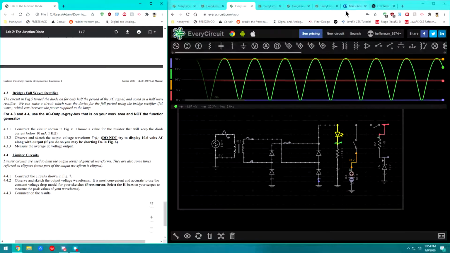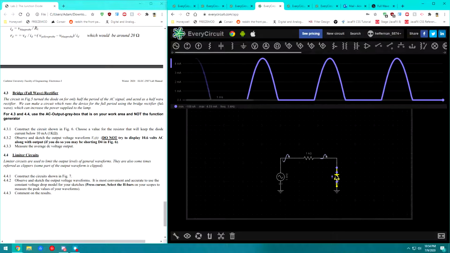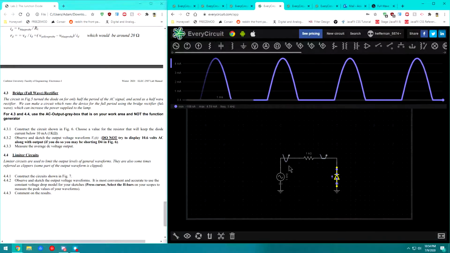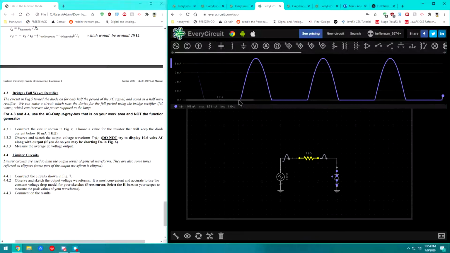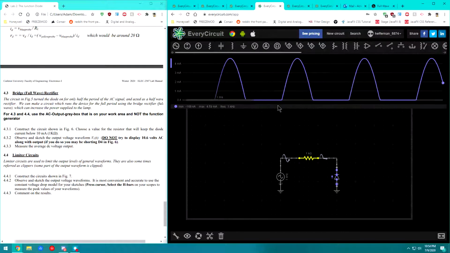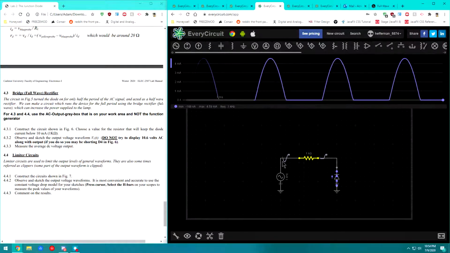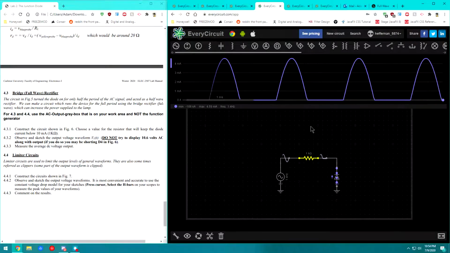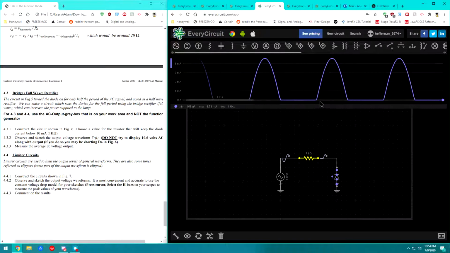So without further ado, let's go ahead. Here's the first one. It's a reverse bias diode. You can see 1 kilo ohm, and I know it's hard to see here, but at the falling edge of the wave, where the wave is in the negative half cycle, that is actually when this diode is conducting.